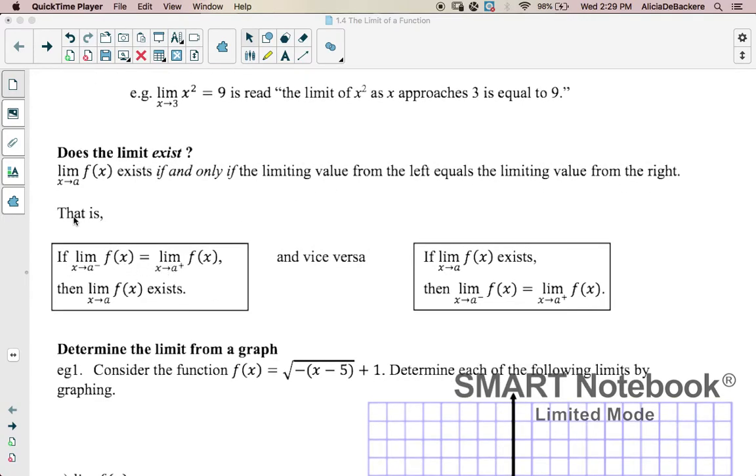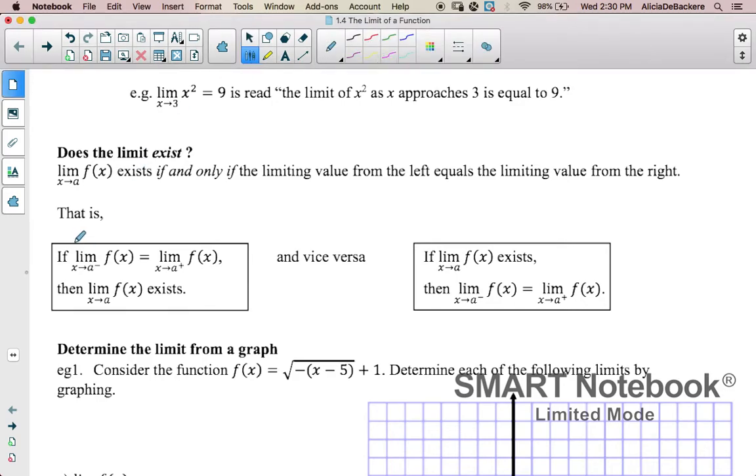So in notation, what that looks like is if the limit here, this is the limit from the left, so I'm approaching a from the negative side of a, of f at x is equal to the limit of f at x as x approaches a from the right, or from the positive side of a. So we're just going to add that into your notes so we don't forget.